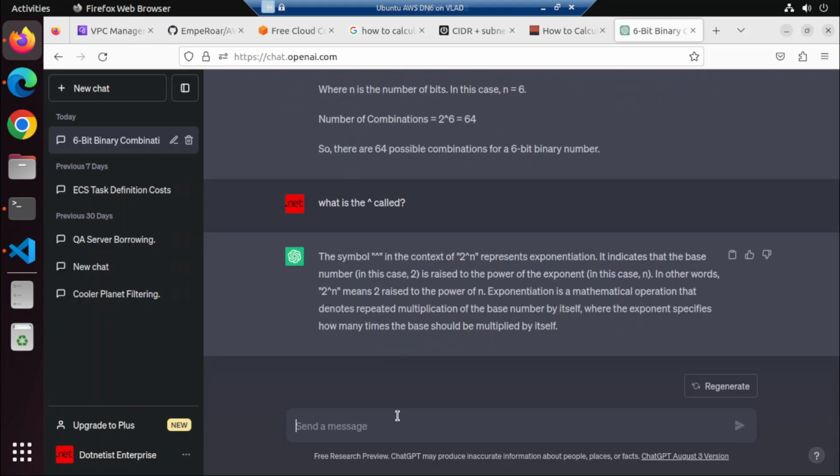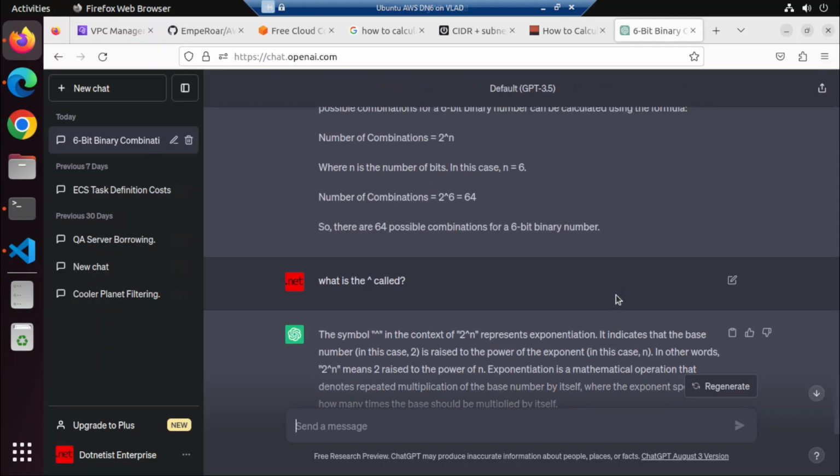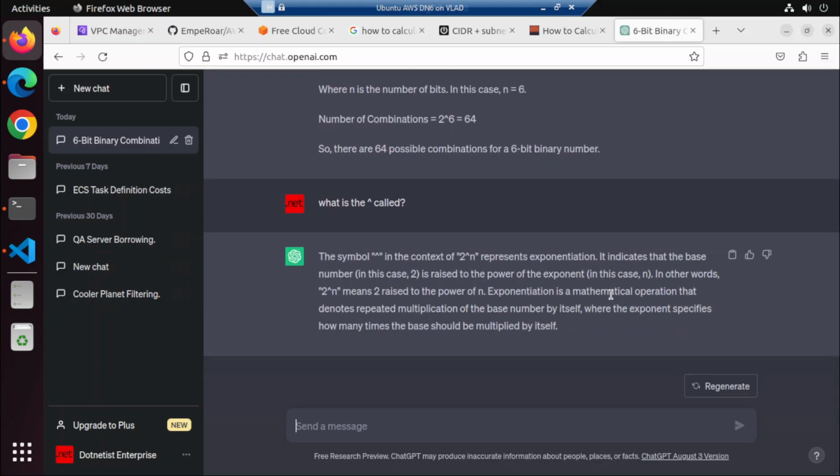The symbol in this context represents exponentiation. It indicates that the base number, in this case 2, is raised to the power of the exponent n. In other words, 2^n means 2 raised to the power of n. Exponentiation is a mathematical operation.